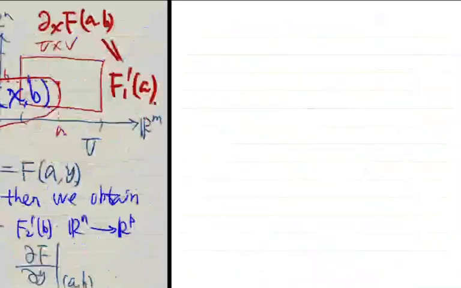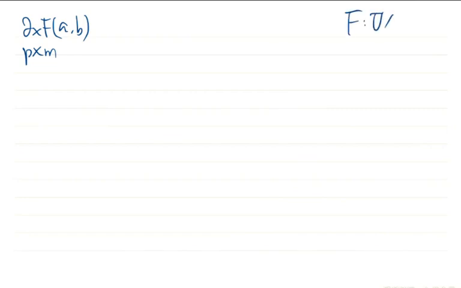In matrix notation, the partial derivative of F at (a, b) with respect to x is a p by m matrix because our F is U times V to Rp. U is m-dimensional, V is n-dimensional.